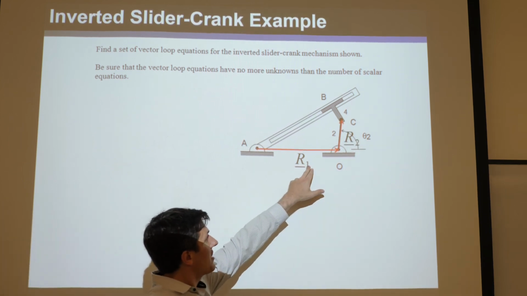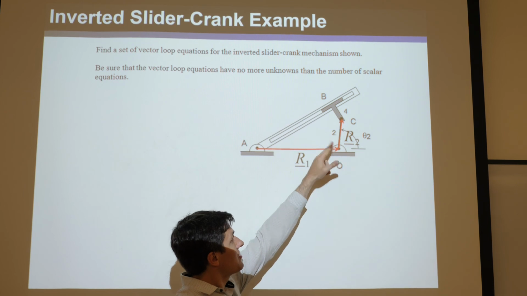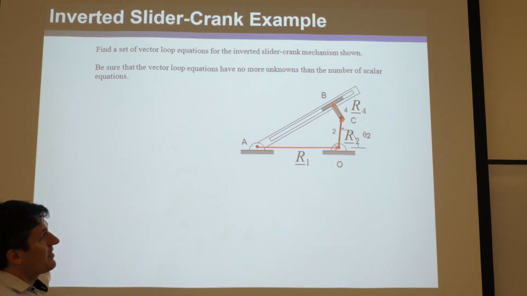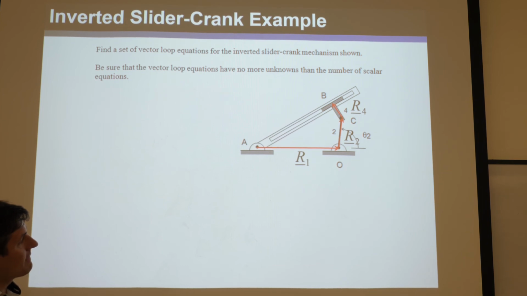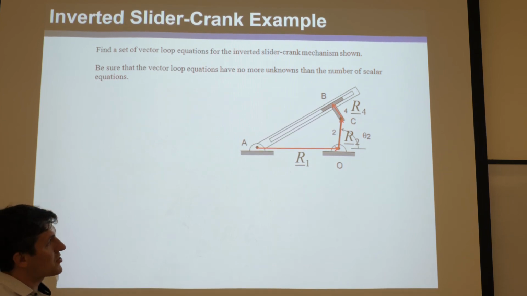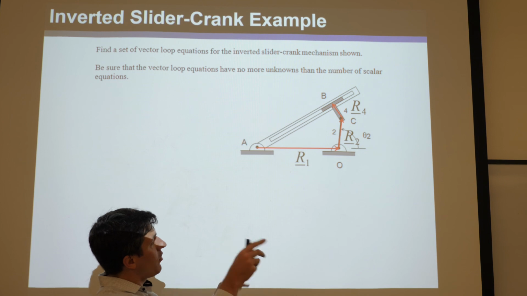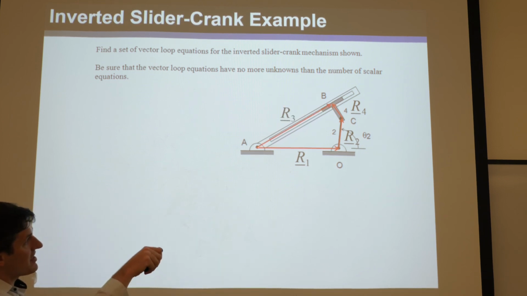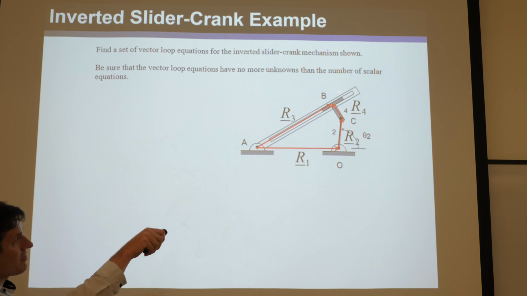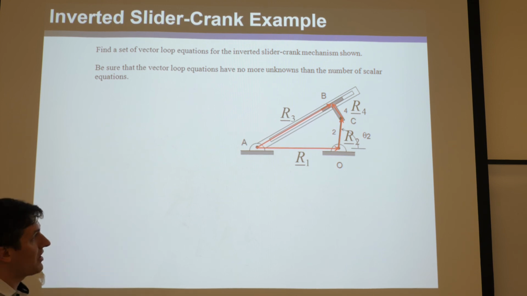You call this R1 because it captures 1. You call this R2 because it captures 2. That's R4 there, because that will capture the rotations of 4, the length 4. And then from the center here to that point, that's R3. That'll capture the rotations of 3.